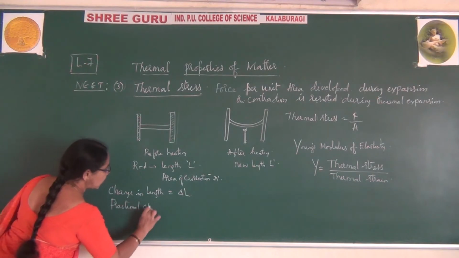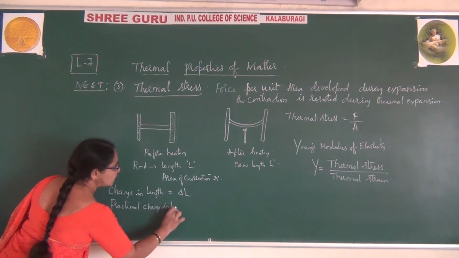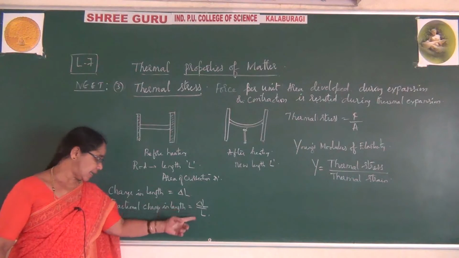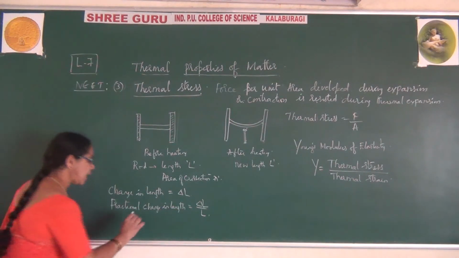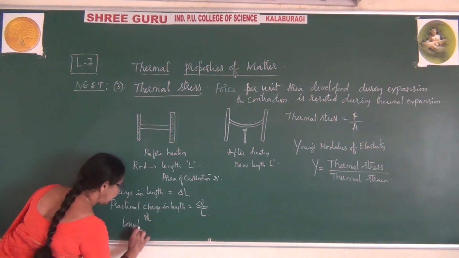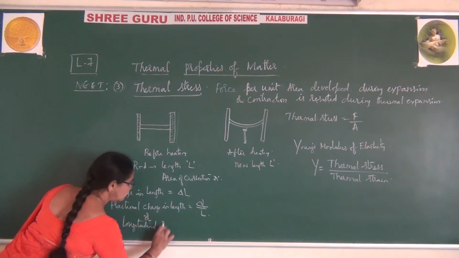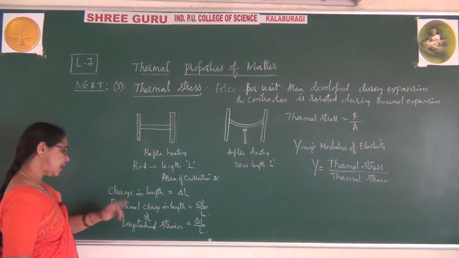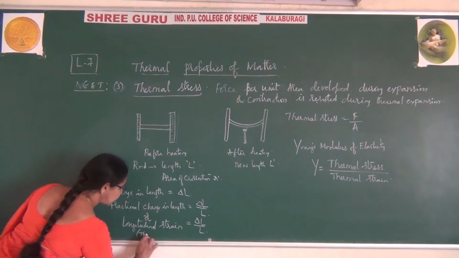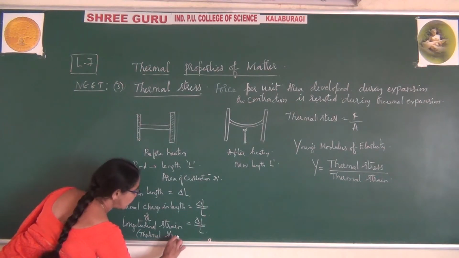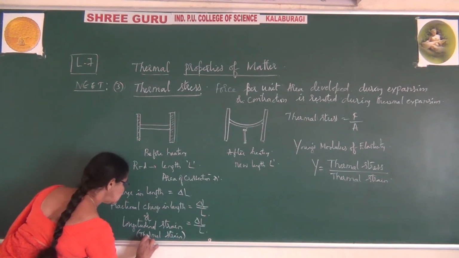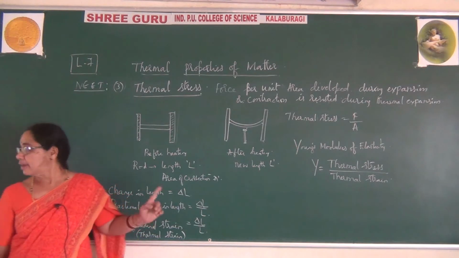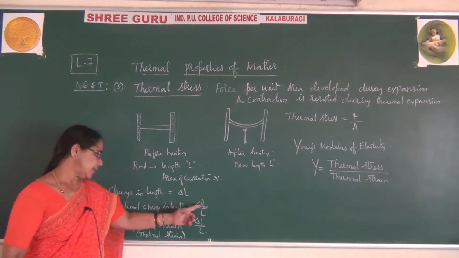Fractional change in length is equal to delta L by L. This can also be called longitudinal strain, which is nothing but delta L by L. So longitudinal strain is also called thermal strain, the fractional change, that is delta L by L.